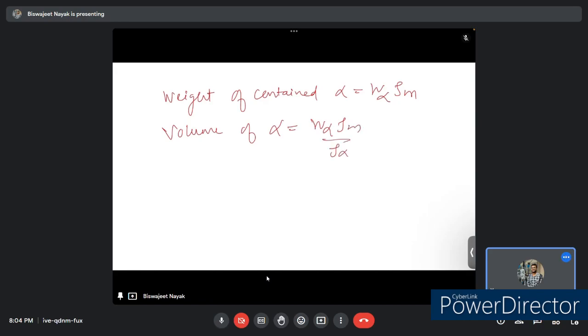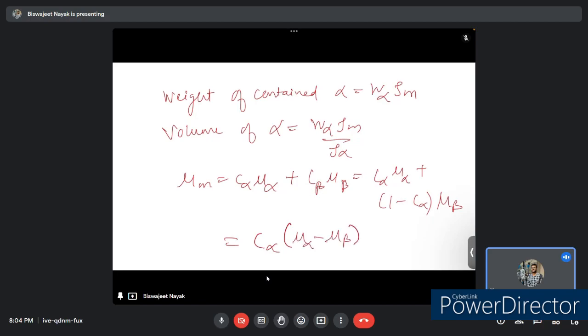So the weight of contained alpha is given by W alpha rho m, and the volume of alpha is given as W alpha rho m by rho alpha. So mu m becomes C alpha mu alpha plus C beta mu beta, that is, C alpha mu alpha plus (1 minus C alpha) mu beta, which becomes C alpha (mu alpha minus mu beta) plus mu beta.